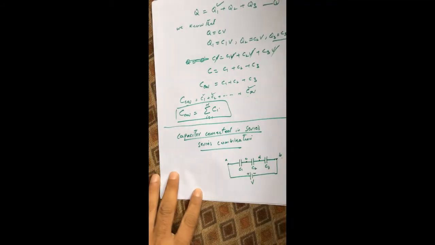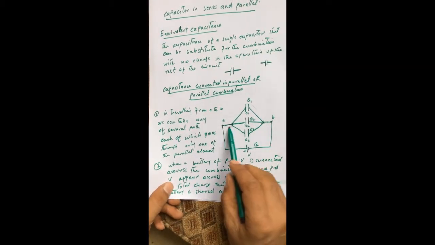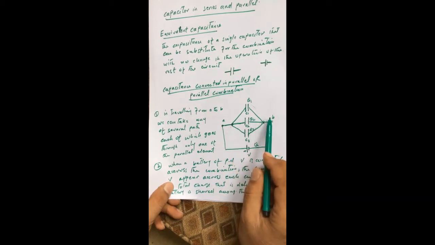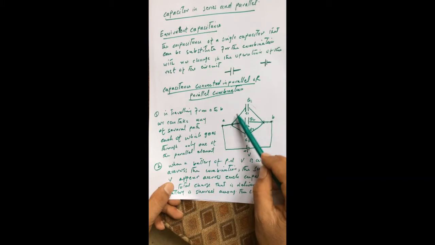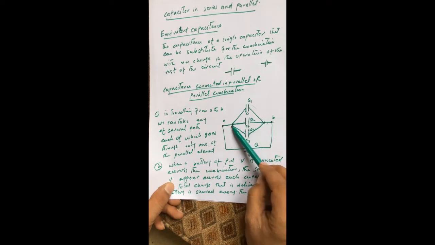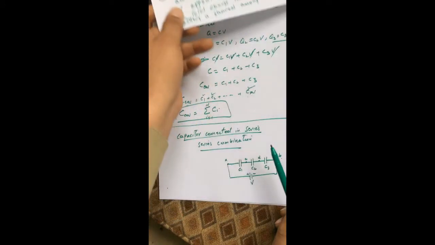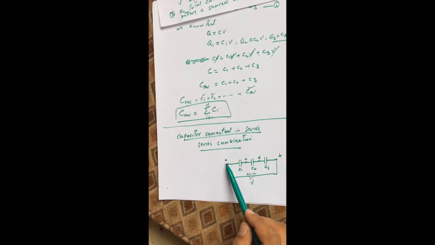Like in a parallel combination, we have three paths. If I move from A to B, I have different paths, and each path passes through a single capacitor. Like this path goes through this one, this path goes through this one, this path goes through this one. But here we have only one path from A to B, and this path passes through all the capacitors.